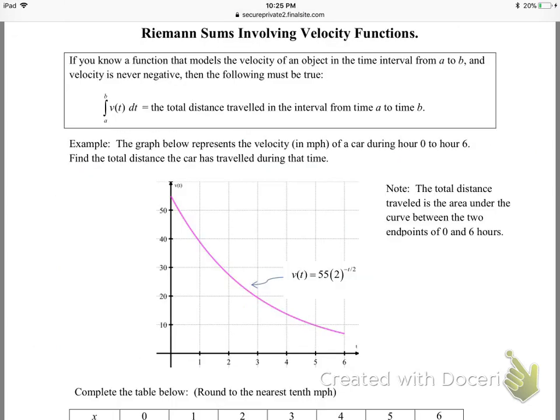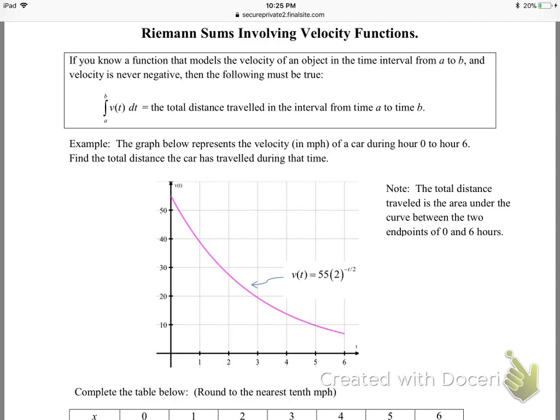Alright, we haven't really talked about Riemann sums or area under the curve as working backwards, and that's what I want to do now. So if you know your area under the curve is the area under the curve of velocity, when you integrate that, you get back the position function. Remember, if you take the derivative of position, you get velocity.